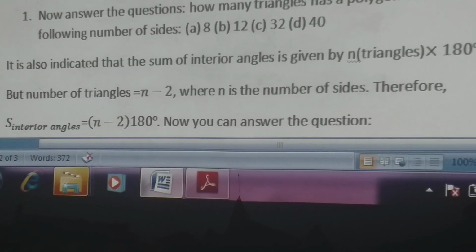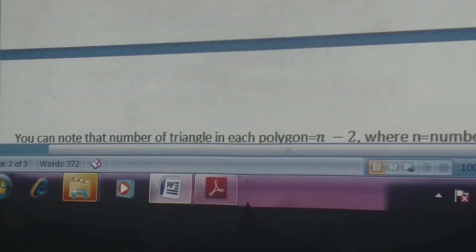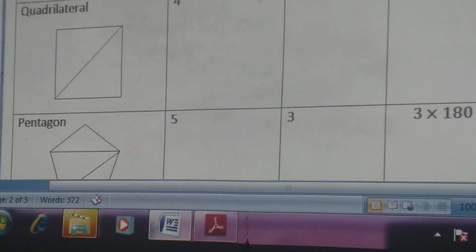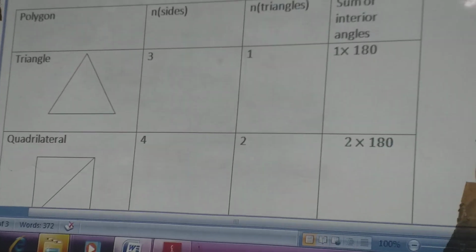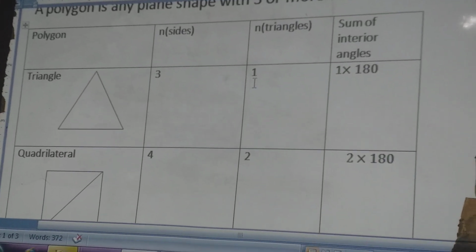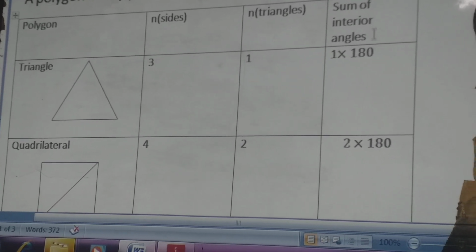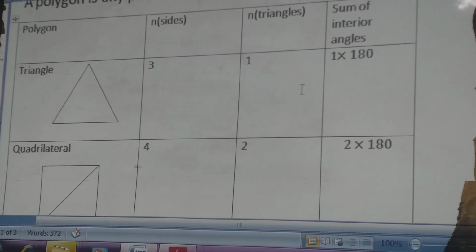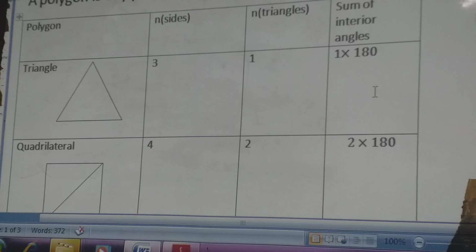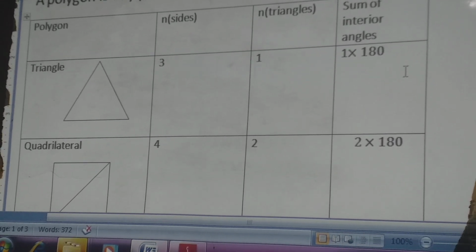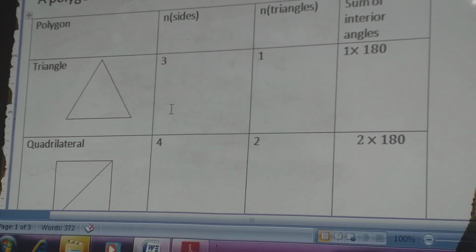Let's go back again to comparing the columns. Let's consider the number of triangles and the sum of interior angles. You find that the sum of interior angles is equal to the number of triangles times 180. Why is it like that?